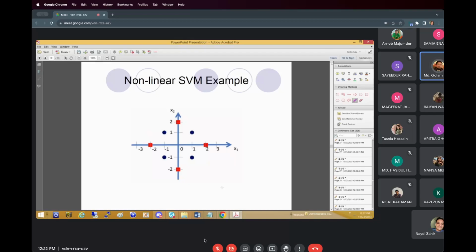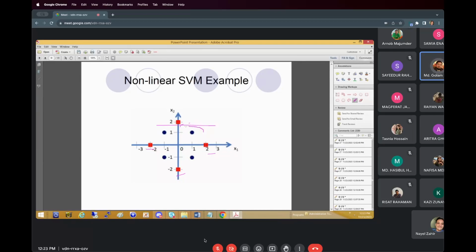Like if the data points are here, one data point, another, another, and another, arranged this way, then it is not possible to draw a single line to classify positives from negatives.